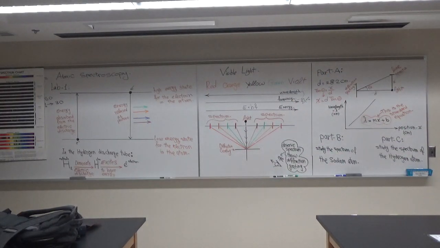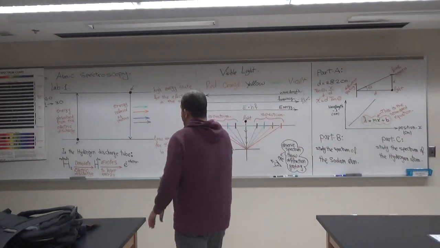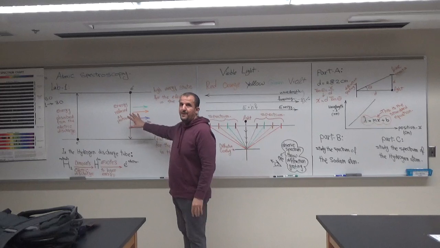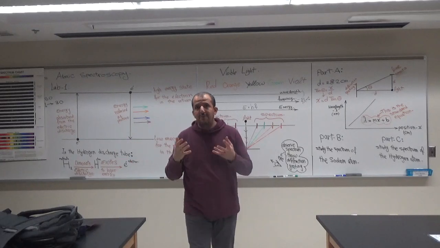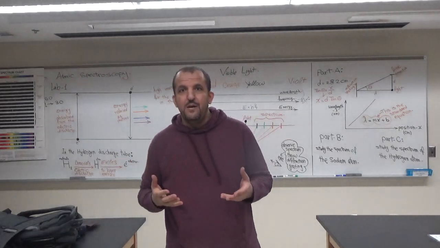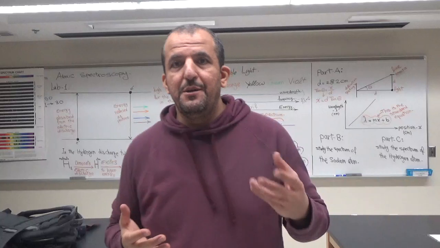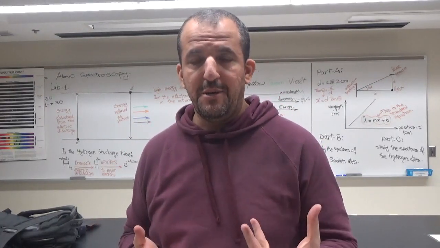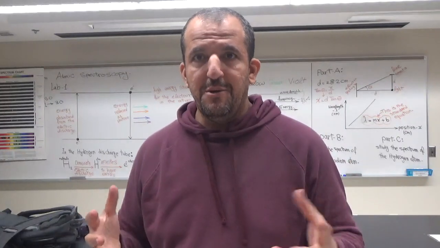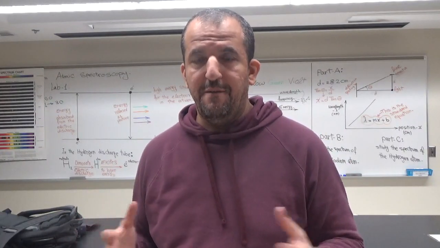If we come to this simple diagram, in this diagram I try to explain how the hydrogen atom is excited. The hydrogen atom is simply a proton and an electron. So if we excite the atom, that means we excited the electron itself.